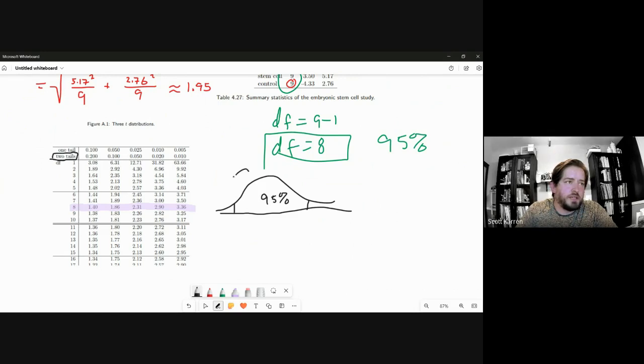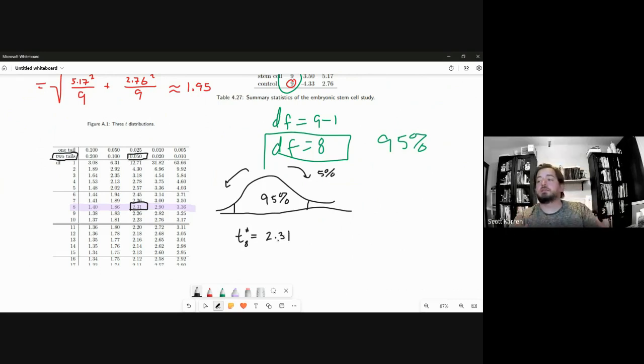And so on the outside of that two-tailed test is 5% of values split between the two tails. So I'm looking for 0.05. And I find that my T star at 8 degrees of freedom is 2.31.